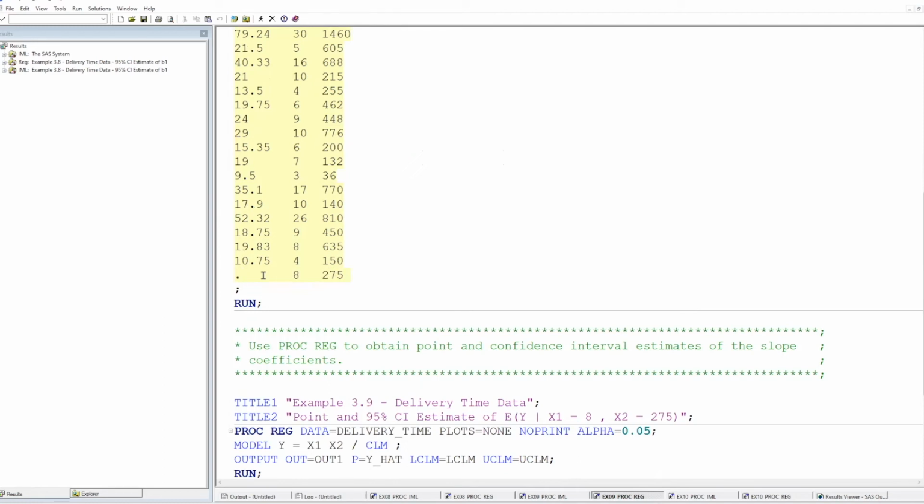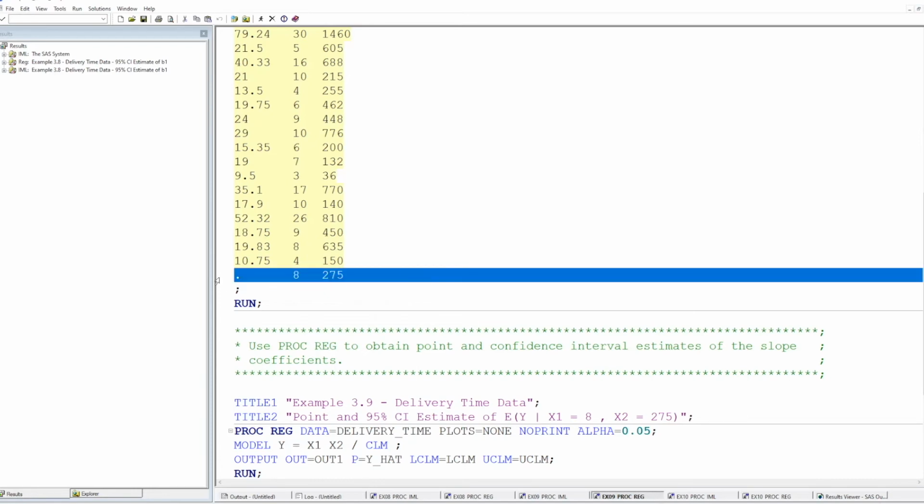Now, by including this line, and in particular by including the dot so that the response is missing, SAS is not going to use that line of data in fitting the model.